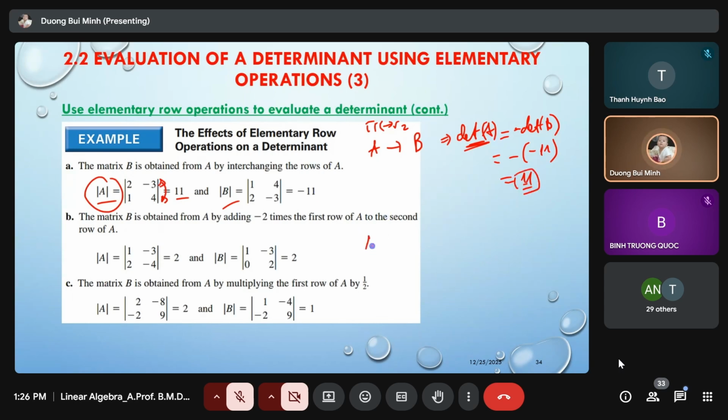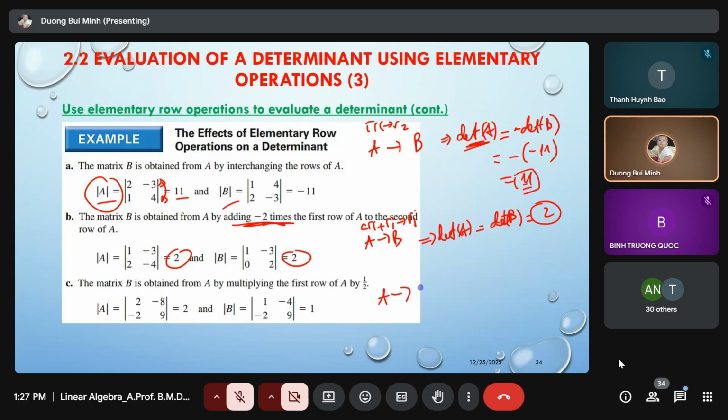Okay, so now A to B, we do what? Multiplication, right? Sorry, we use C times Ri plus Rj relate to Rj. So we have the determinant of A equals the determinant of B, and then equal to what? 2. Okay.